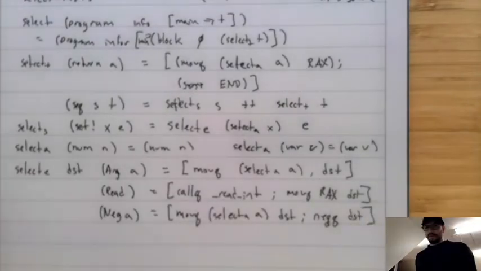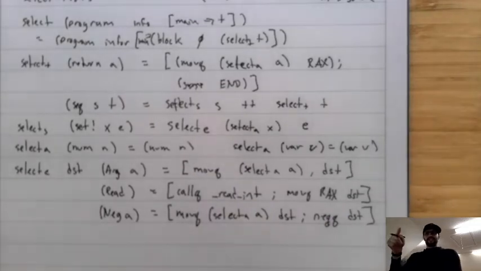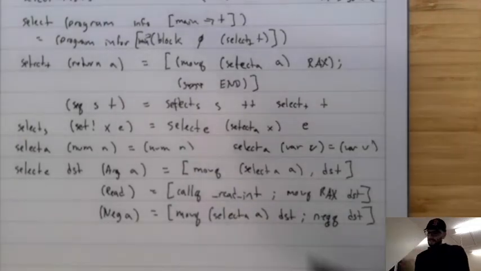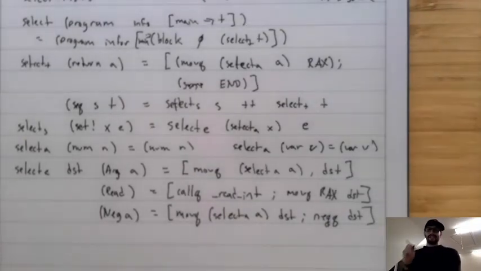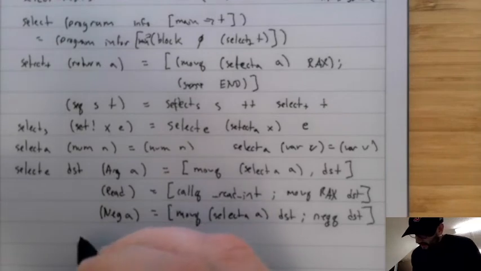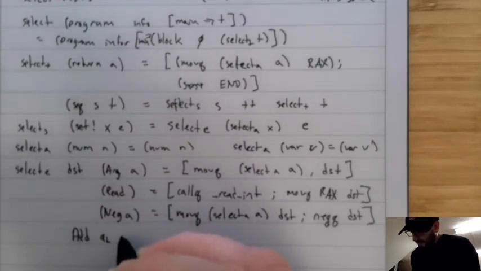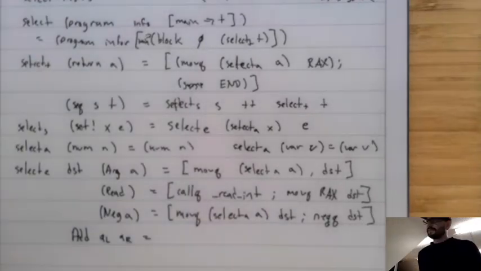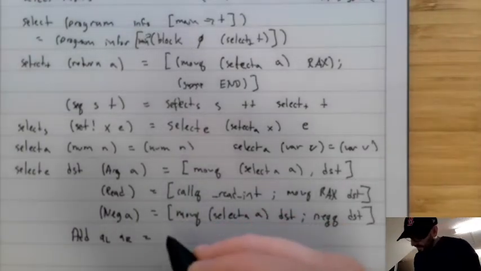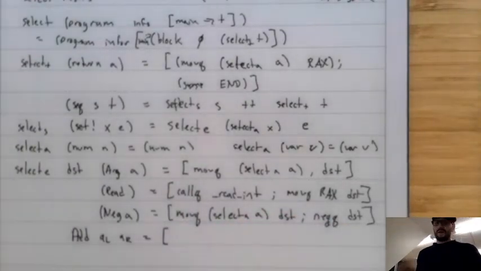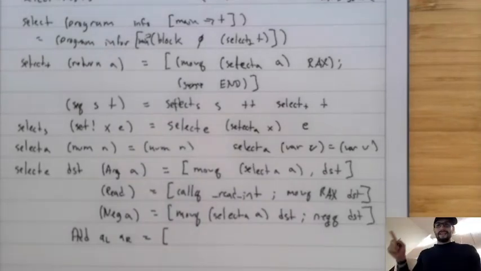So the idea here is that we put the value into the destination, then we negate it. Because negq is an instruction that negates something and puts the answer in the same place. We need to move our thing into it. Finally, we could have an addition, in which case we'd have an add with an argument on the left and an argument on the right. And what we'll do here is we'll move one of them into the destination and then add the other one.